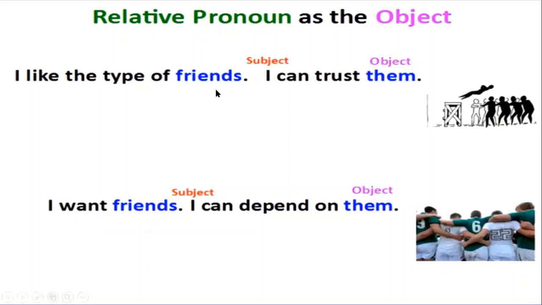Now, what are we speaking about here? What are we referring to here? Friends, right? And what are friends? People. They are people, right? So what is supposed to be in between here, to connect them? Who or that, right? So I like the type of friends. What? Continue.